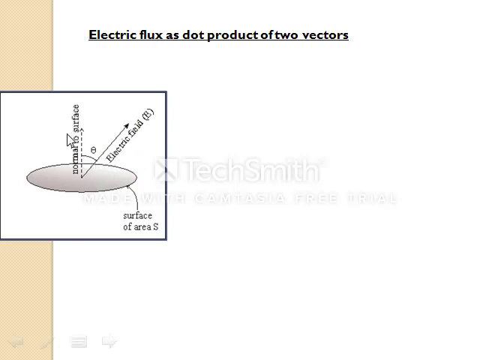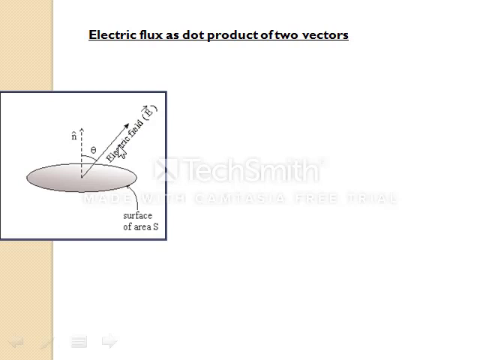Now along the direction of this normal to the surface we'll mark a unit vector. We'll call it n cap. So I'll replace this by a vector. So n cap is in this direction. This n cap has magnitude 1. It's a unit vector. This is the direction of electric field. Its strength is E.